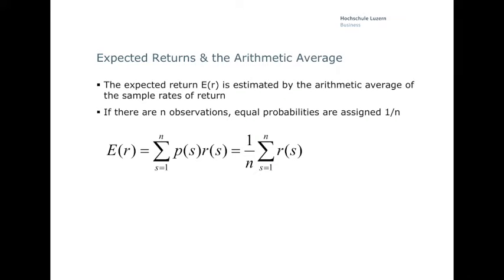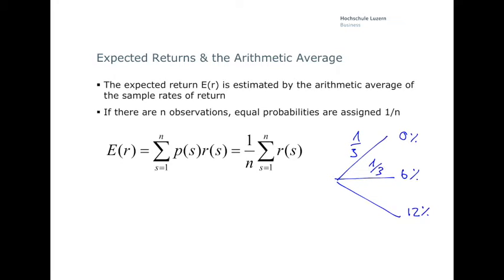Expected returns and the arithmetic average. Building up on the previous example, expected returns using the arithmetic average would mean n observations are equally weighted. So n equals 3 for the 3 observations 0%, 6%, and 12%.